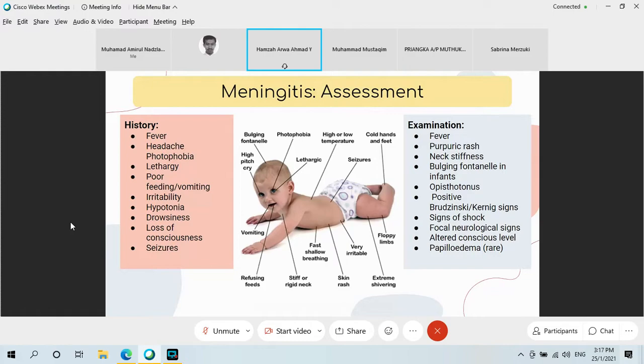There may be signs of shock, and also a focal neurological sign, where the baby presents with weakness in certain limbs, like the left arm and the right leg, which is also called plegia. There is an altered level of consciousness, and the baby might have papilloedema, but this is very rare. Okay, next slide.